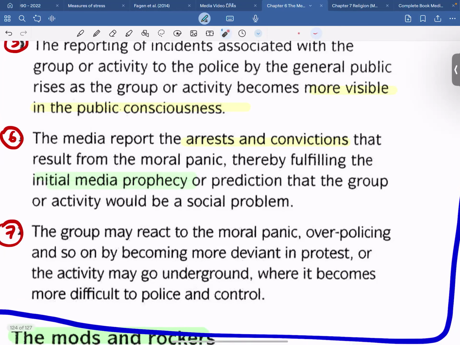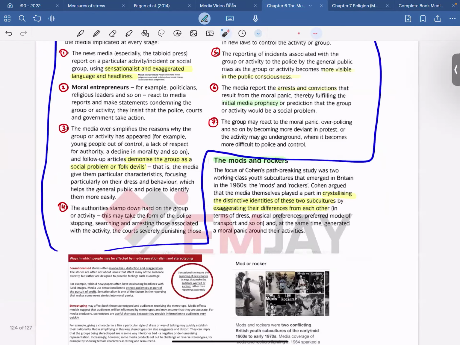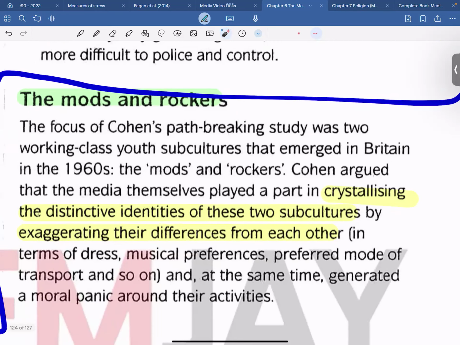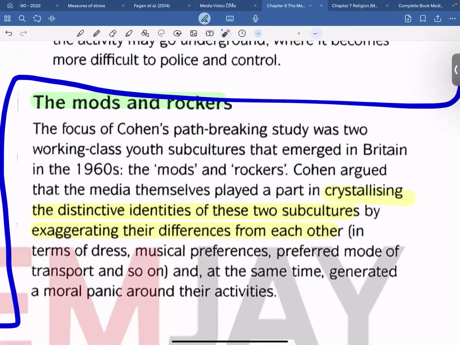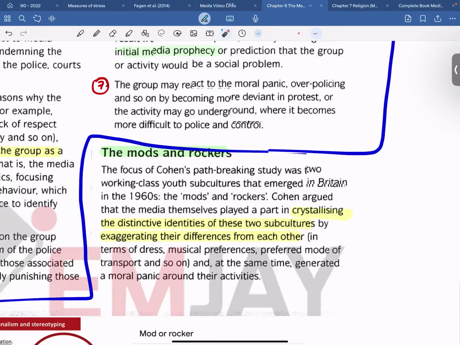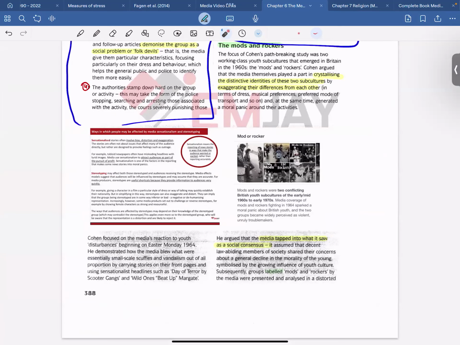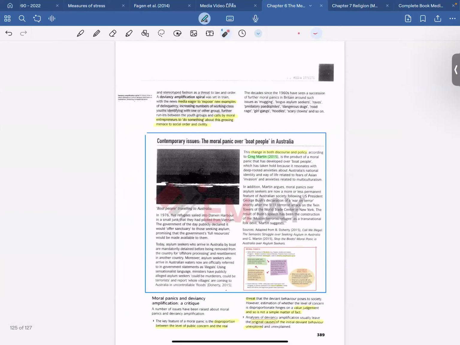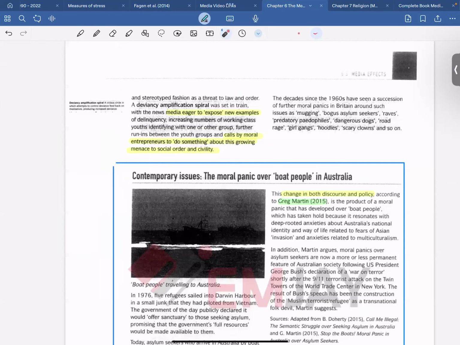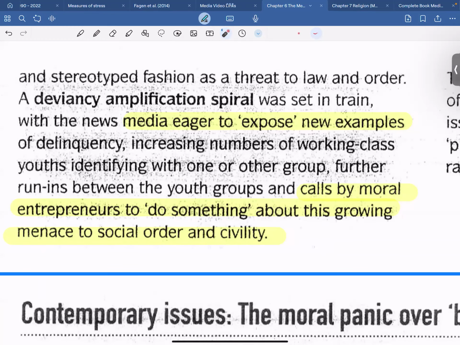Now, over here, we spoke about a process that I had already explained to you. This is about the youth subculture mods and rockers that I told you had gained popularity back in the 1960s. You could YouTube this and you'd understand how amazingly the media had played its role in terms of labeling these young boys as folk devils.